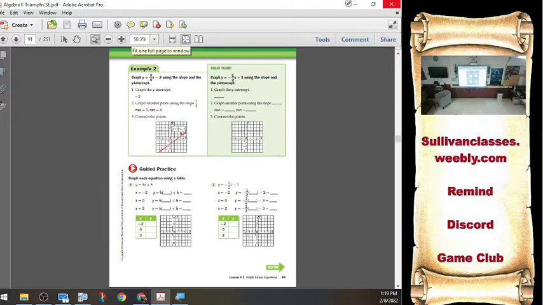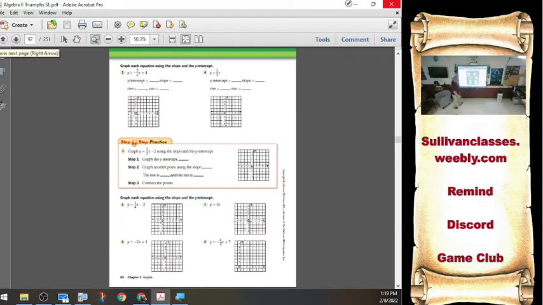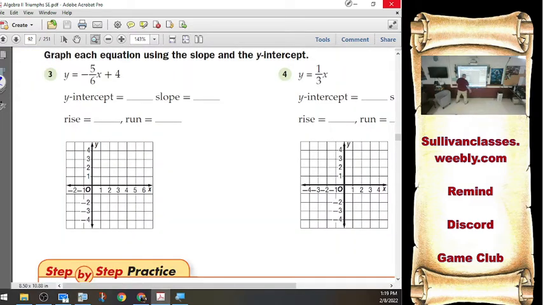All right. We're almost there because this is about to die. So the other part is using slope and intercept. Again, this should have been drilled into your head last year. Identify slope and y-intercept. Your y-intercept is 4. Go put a dot at 4.